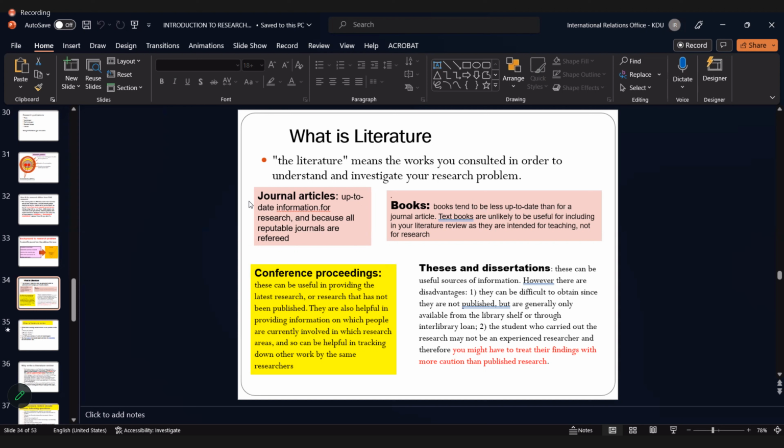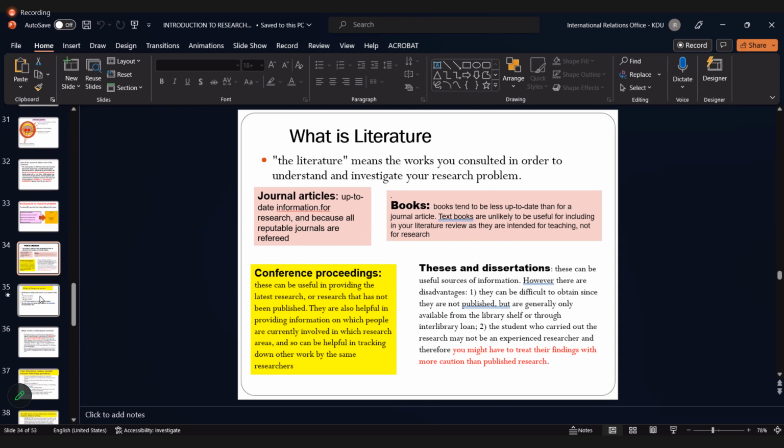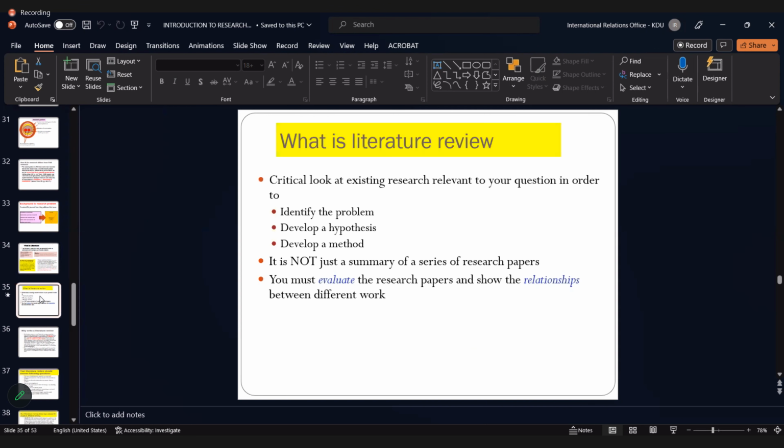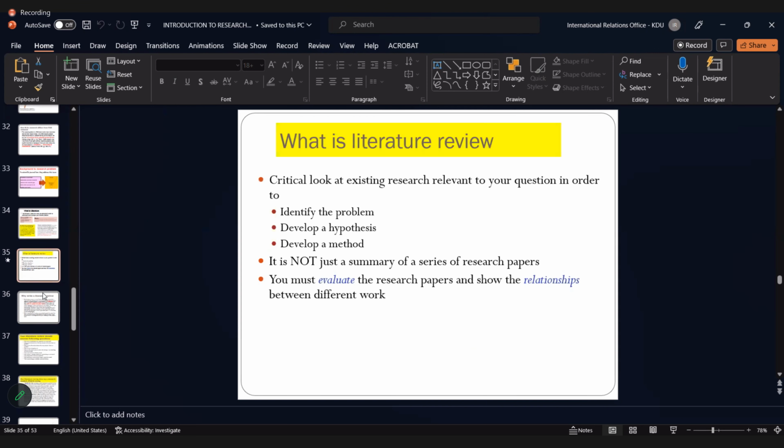They are journal articles, conference proceedings, right? Thesis and dissertation. Okay. But you will not be able to access other people's thesis, unless you have permission from your library.